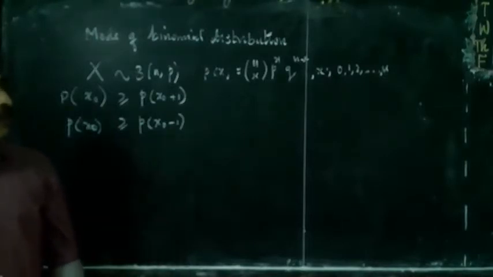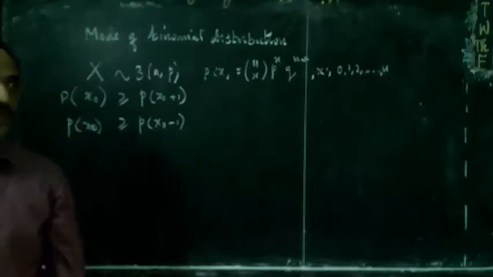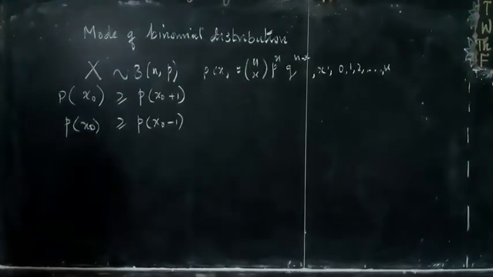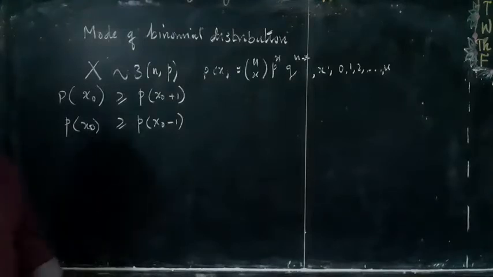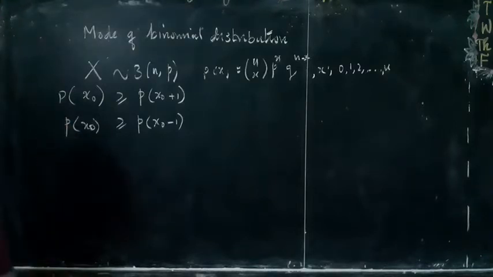Therefore, the assumed mode x0 has the maximum probability. So, the assumed mode x0 is determined by solving these two equations.